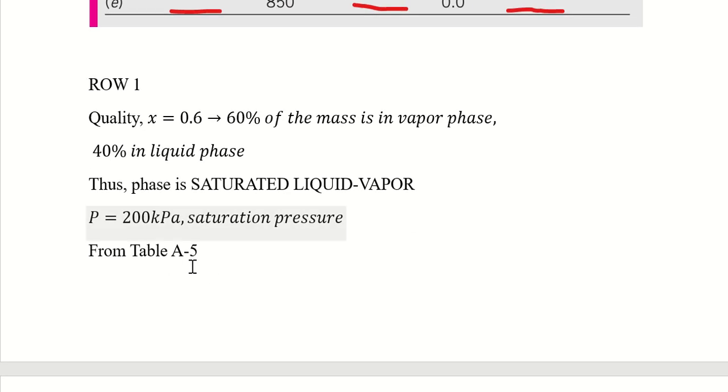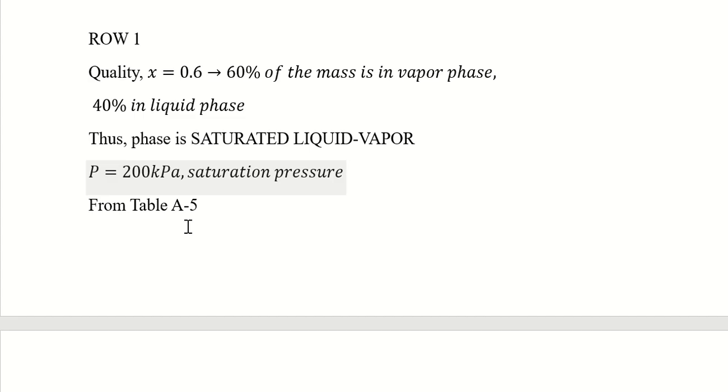In case you still don't understand why we are using table A5, it is because we found out that the pressure we have been given is the saturation pressure, because the mixture we're dealing with lies within the saturated liquid-vapor phase. Why table A5 and not table A4? Because we have been given a property of pressure, and that table covers pressure specifically.